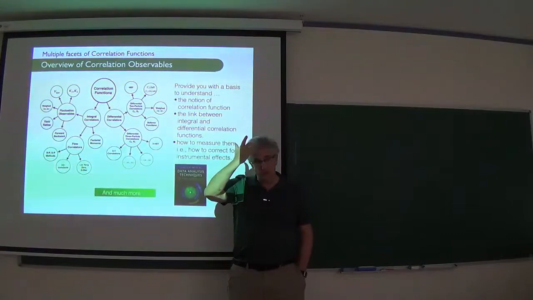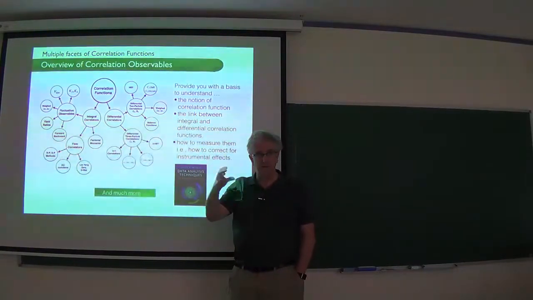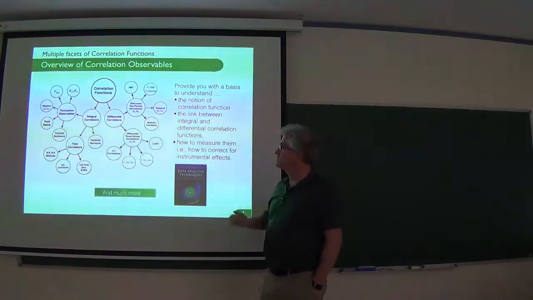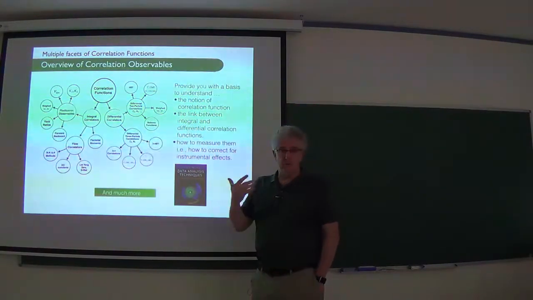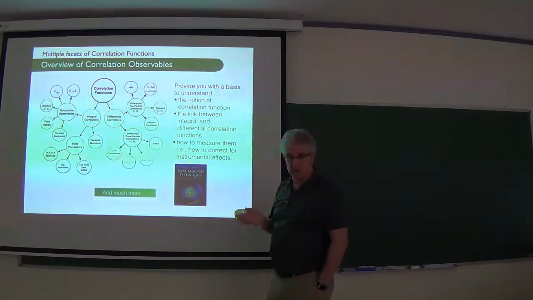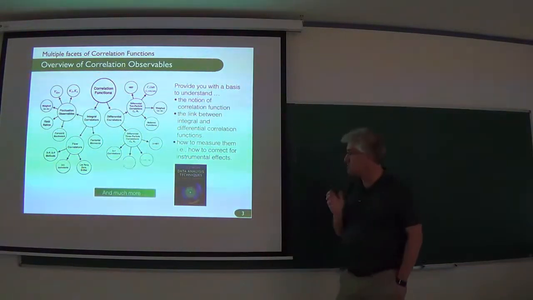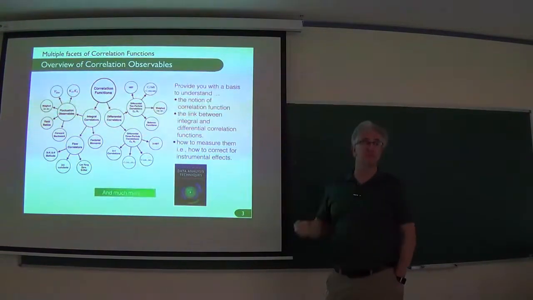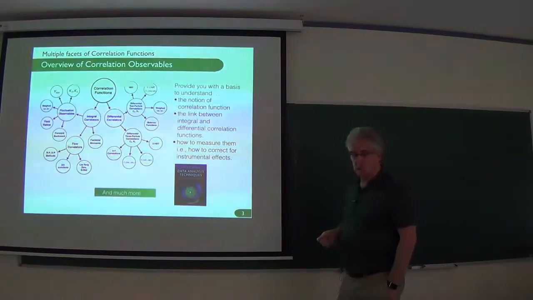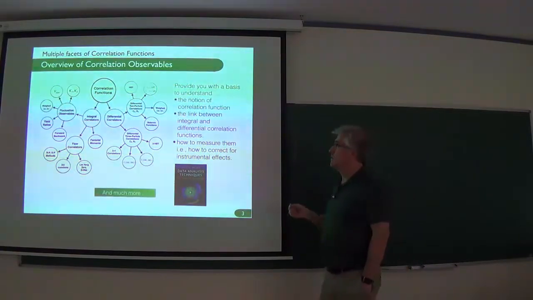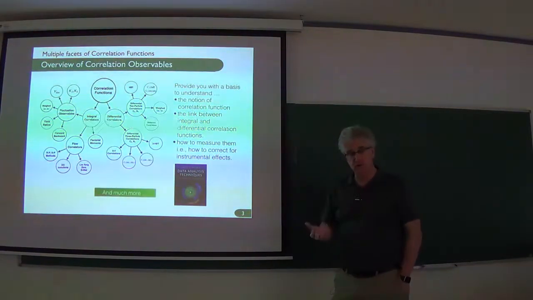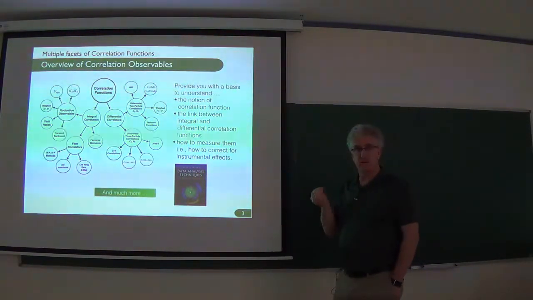If you think in terms of correlation function, it's a very broad term, and this slide is meant to illustrate that in measurements of correlation in particle physics, nuclear physics, and particularly in heavy ion physics, there are many, many types of correlation we can measure and study. At the end of the day, all these correlation functions are built on the same thing.